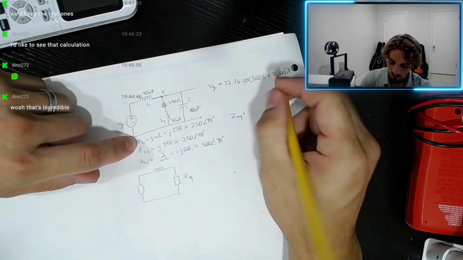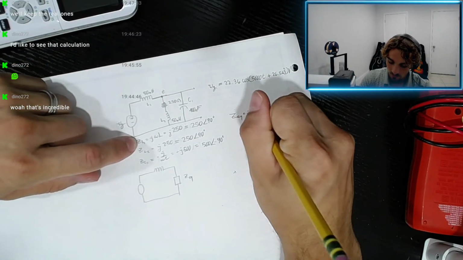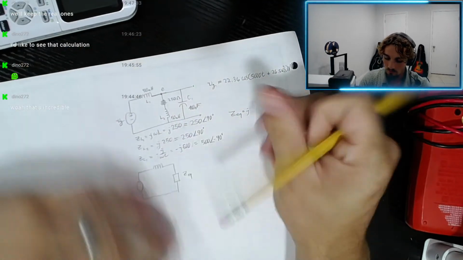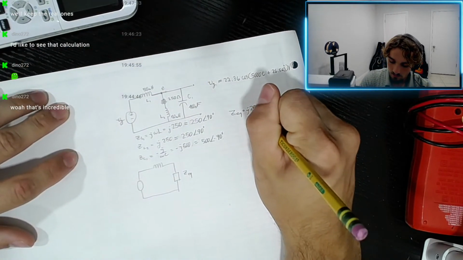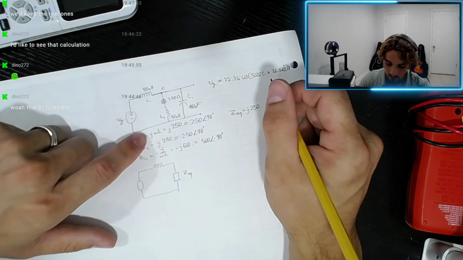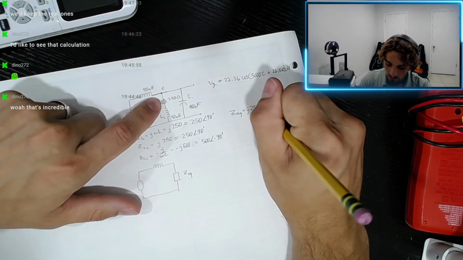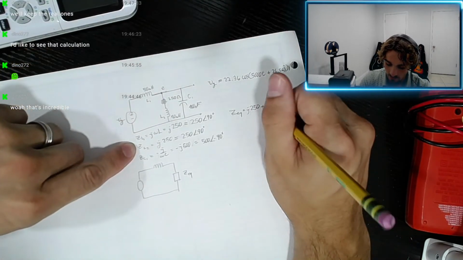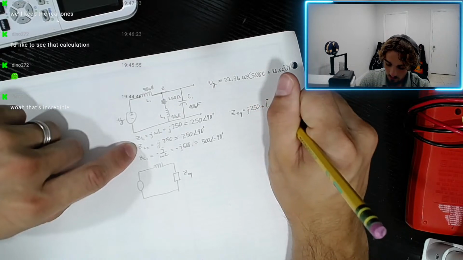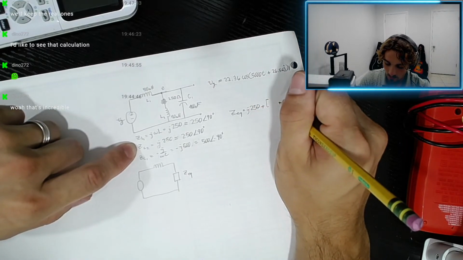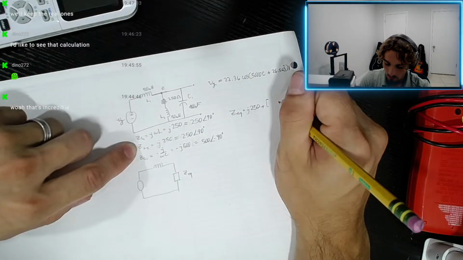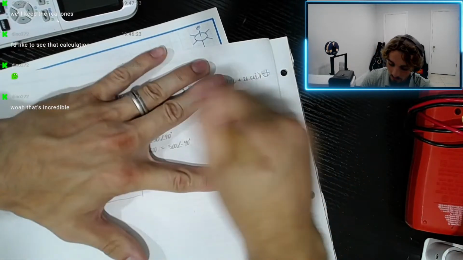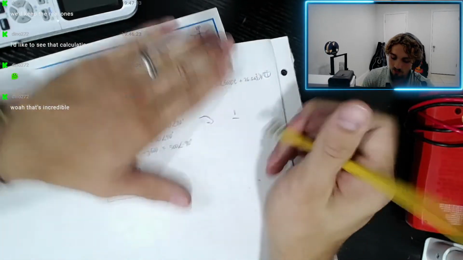This one, ZL, J250. J250 in series with this parallel network here, which is going to consist of ZL1, 250. Shit, I don't got enough room here. I gotta write smaller.